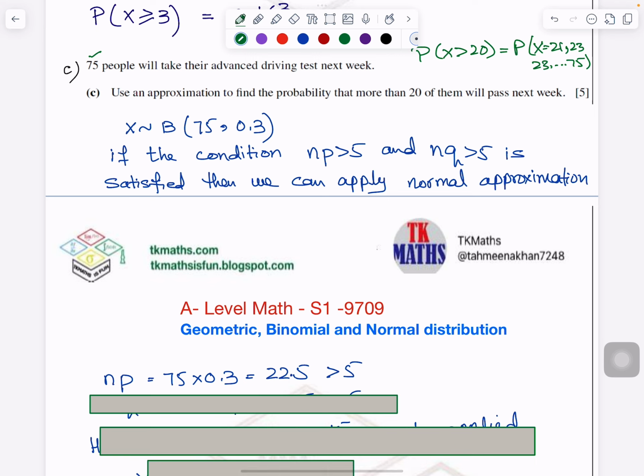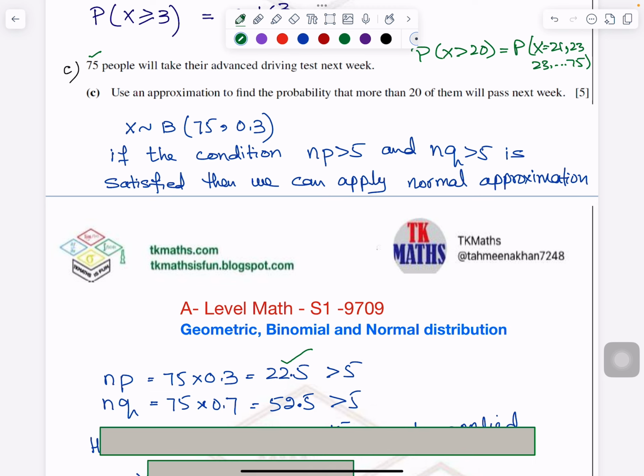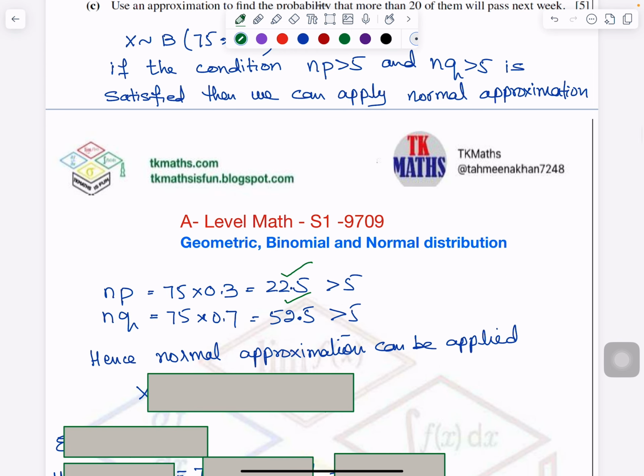So substitute, you know your n is 75 and your p is 0.3. The answer is coming 22.5, which is greater than 5. Then you will check for nq also, which is 52.5. It is also greater than 5. So because the condition is met, you can apply normal approximation.